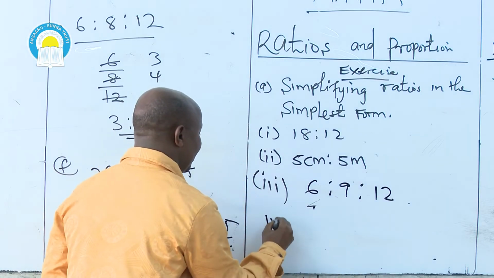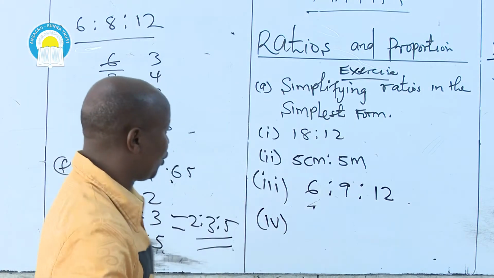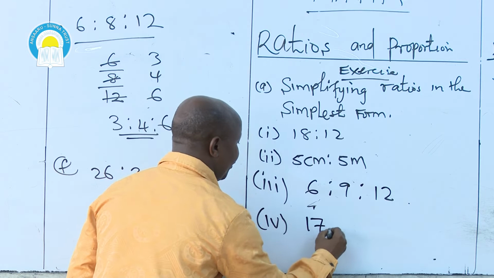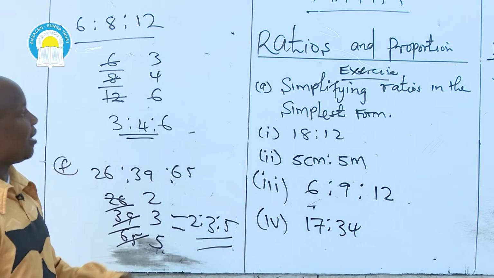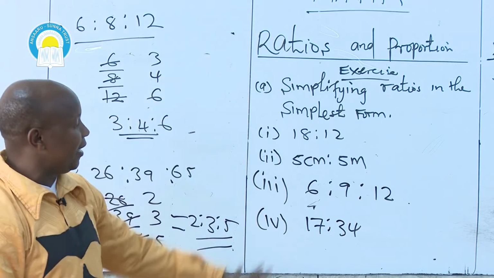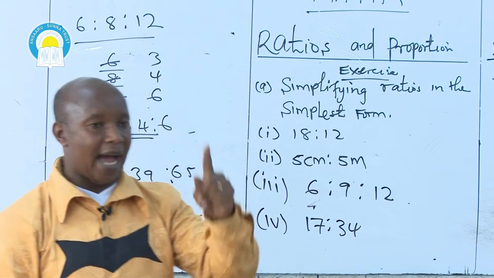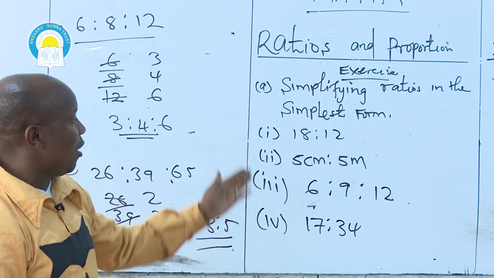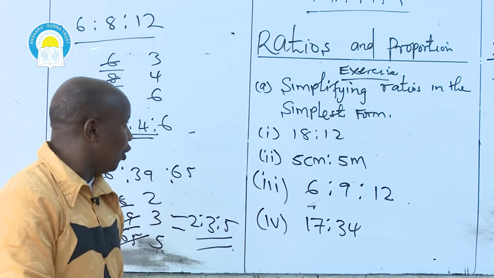Then the last one now, write 17 is to 34, 17 ratio 34, in the simplest form. Class, for you to understand how to simplify ratios, make sure you work on these examples on your own and test yourself to see whether you have understood how to simplify ratios or not.